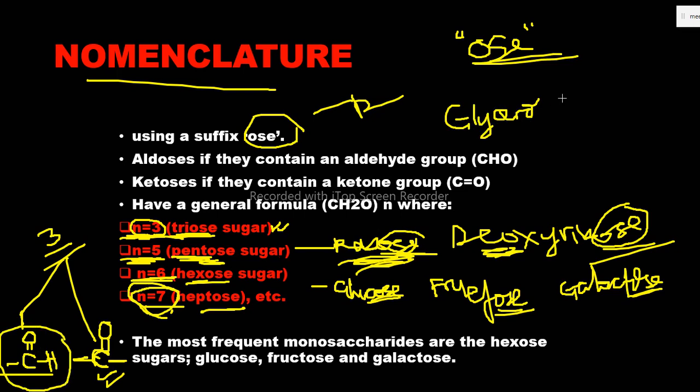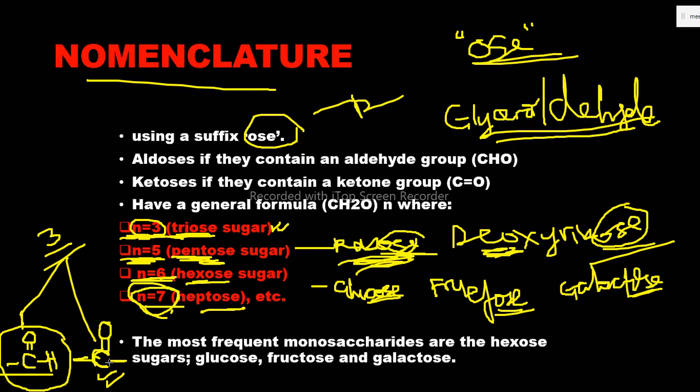So it becomes glyceraldehyde. And this one is so important in respiration. For those who have studied respiration, you know how important these ones are. For those who haven't, we shall still see. But these ones are so important as far as respiration is concerned.